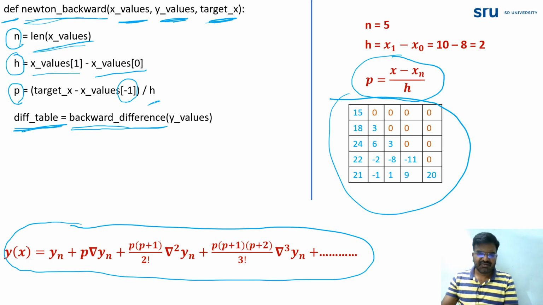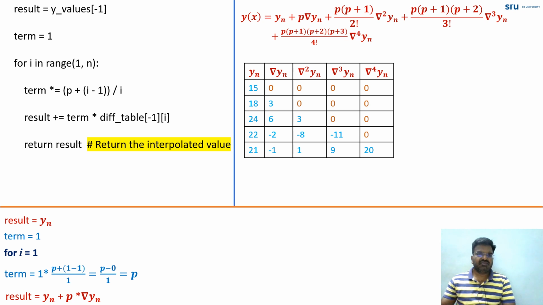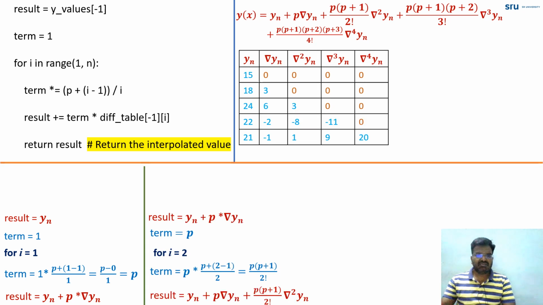See, these are the required variables to use Newton's backward interpolation formula in our code. Now we start the result with the first term of the formula. You can see here the y value, index is minus n. Using minus 1 as index means we are taking y values from the bottom, the last line of the table.